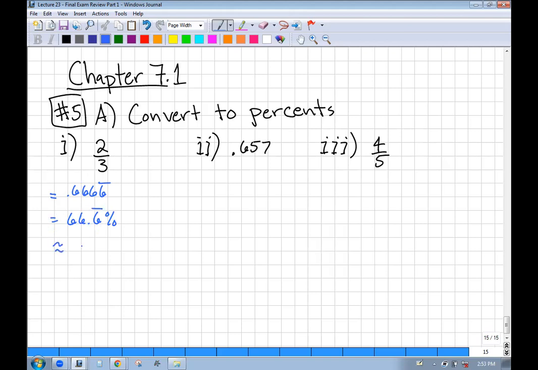You could say this is approximately 66.66%, because here, once you drop the bar, you're approximating, right? This is the correct answer. That's an exact answer to the percent. It doesn't say round, does it? There's no rounding, right? So follow the instructions as they are stated.